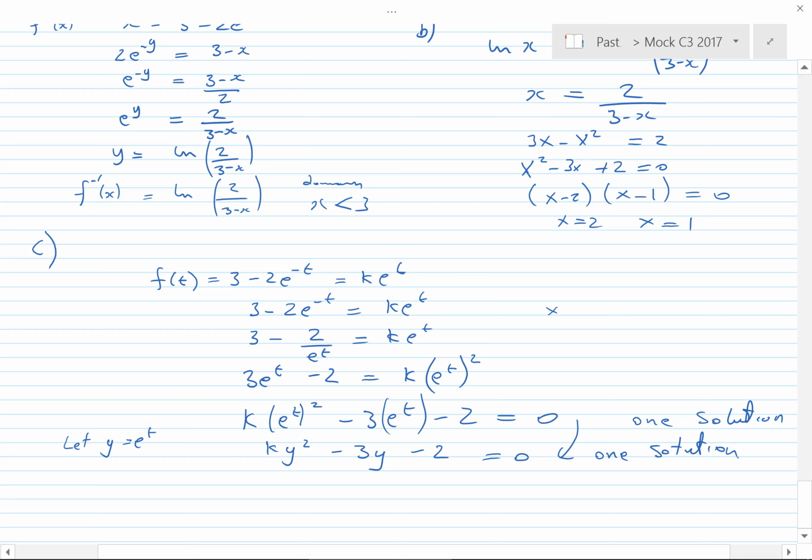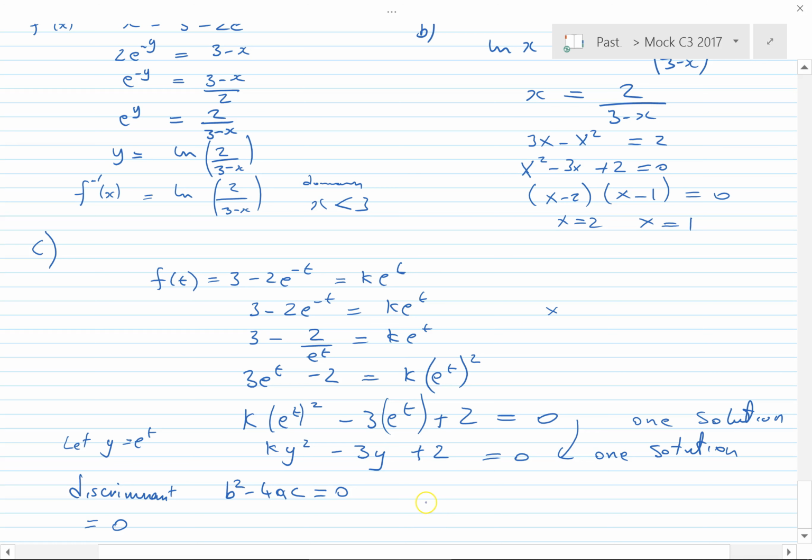So this is a discriminant. That means b squared minus 4ac, so discriminant equals 0. Okay, if I just rearrange that, there's plus 2 there. So we've got this discriminant b squared minus 4ac equals 0.